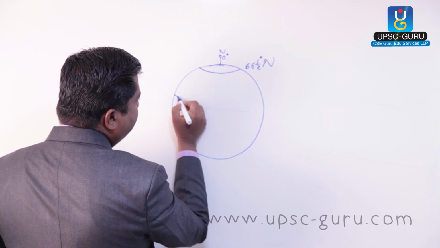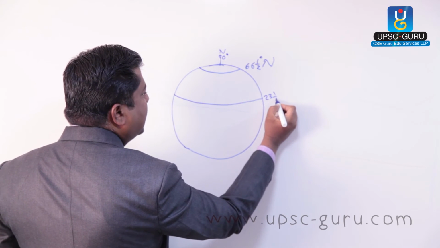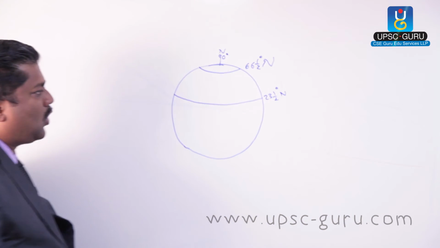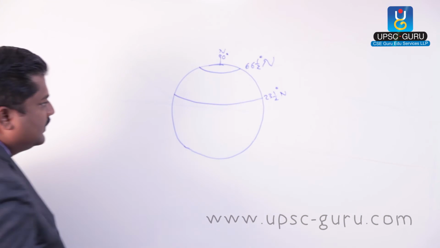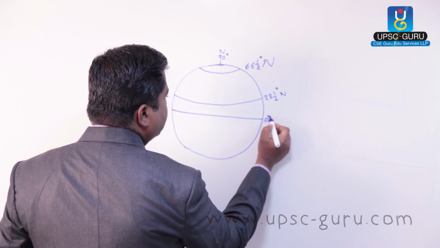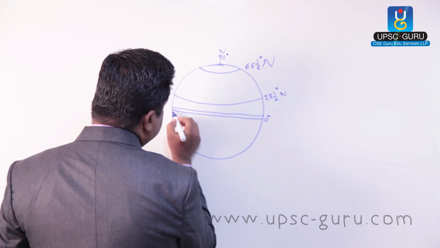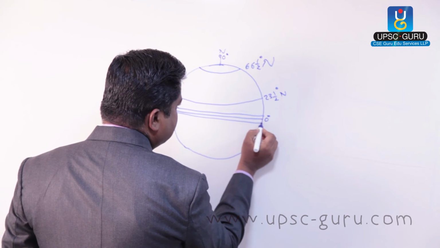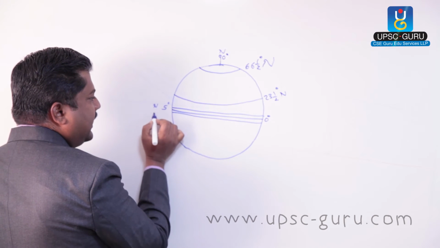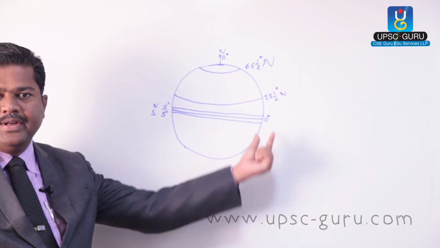Then this is 23.5 north, called the Tropic of Cancer. Then obviously the equator, 0 degrees. Another line I should consider here ranges from 5 degrees north to 5 degrees south. This is the equatorial region.